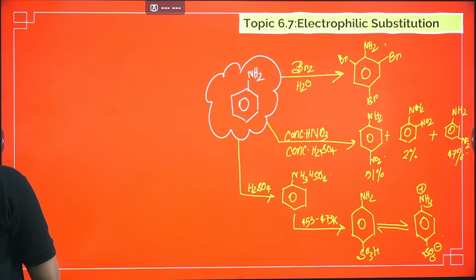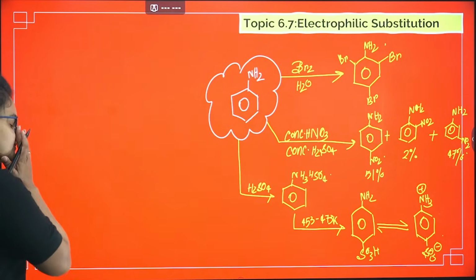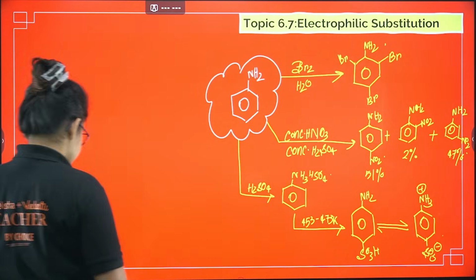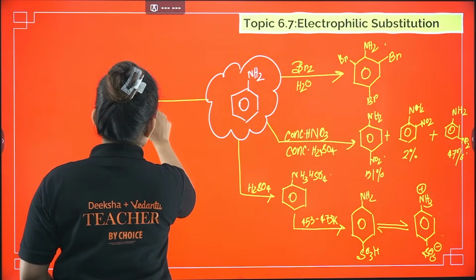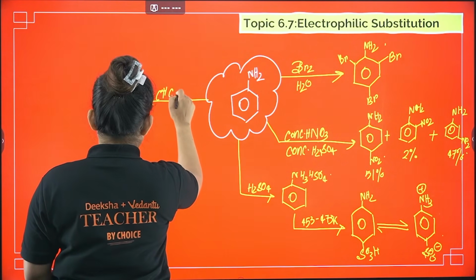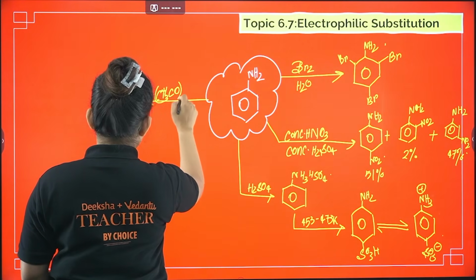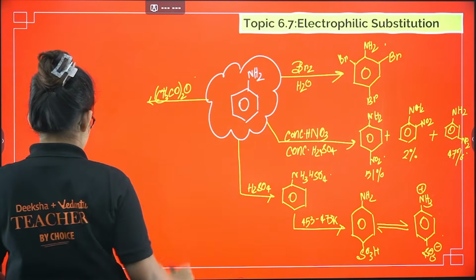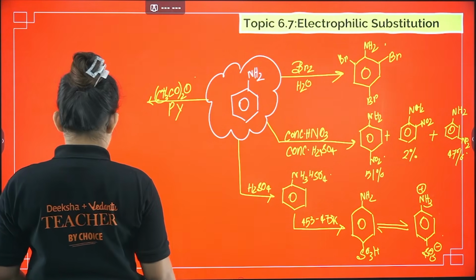Now let's proceed with one more. Let's give acetic anhydride, (CH3CO)2O, in the presence of pyridine.